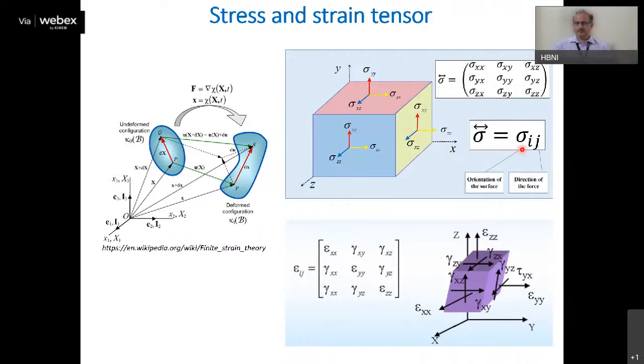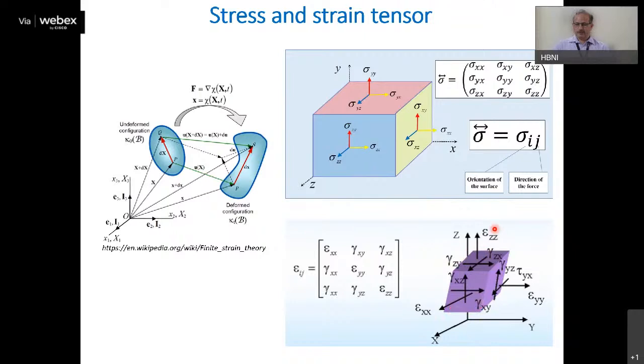The way it is presented is that there are 2 indices, i and j, where the first index corresponds to the orientation of the surface on which the stress is applied, and the other corresponds to the direction of the force.